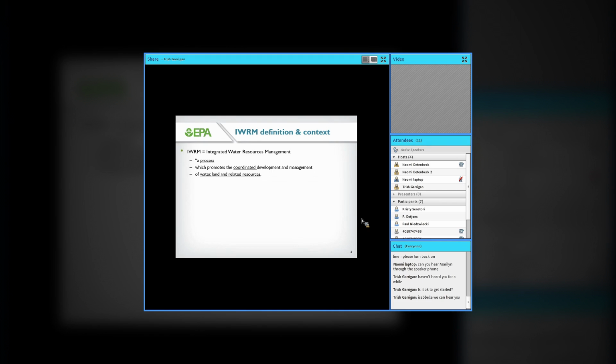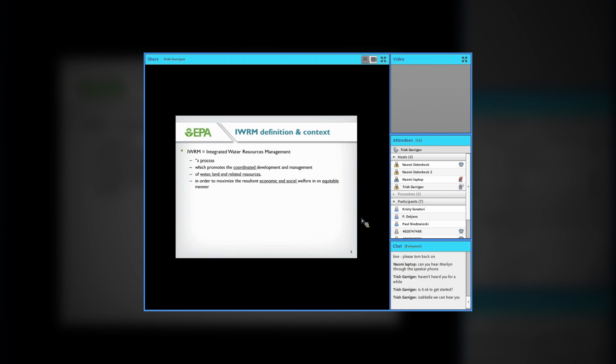And then water, land, and related resources. This is quite an inclusive set of resources, but we'll talk about how to put a boundary around that in a couple of slides. And then it goes on to say that in this coordinated process of development, we want to maximize the resultant economic and social welfare in an equitable manner.